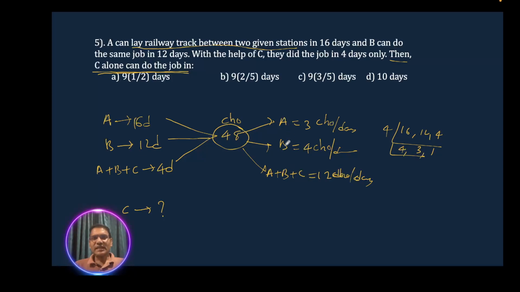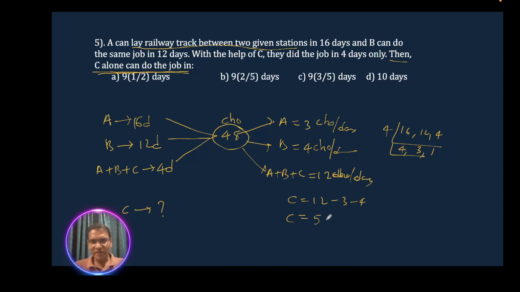Now replace A and B in the equation 3. So C gets 12 minus 3 minus 4, that is 12 minus 7, that is 5 chocolates. C's capacity is 5 chocolates per day. How many chocolates are available? 48 chocolates.